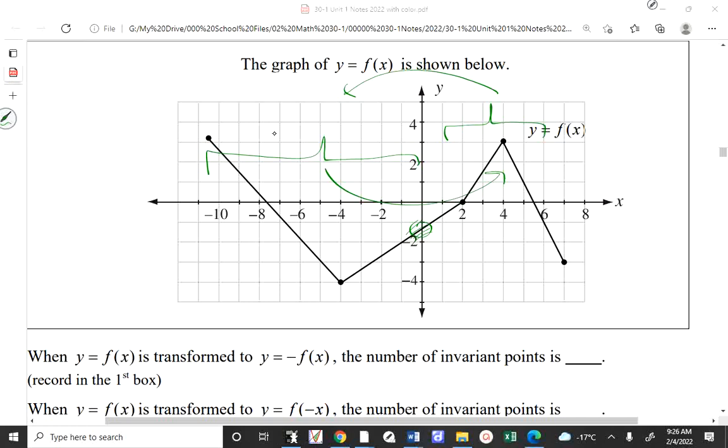So if I reflect it horizontally first, I get 1 invariant point. Now, if I reflect the result, which I'm not going to draw, vertically, that 1 point that survived that was invariant is all of a sudden going to go someplace else. And the question that I always ask when somebody asks about this question, which somebody always does, it's important that we go over it, is can you ever have an invariant point if you reflect the function both horizontally and vertically?